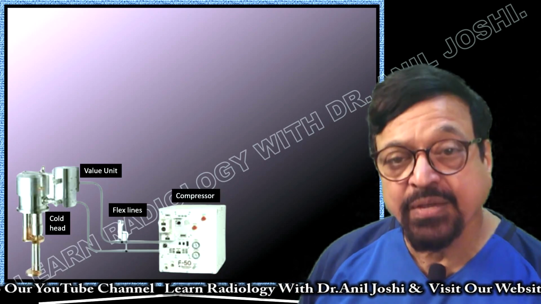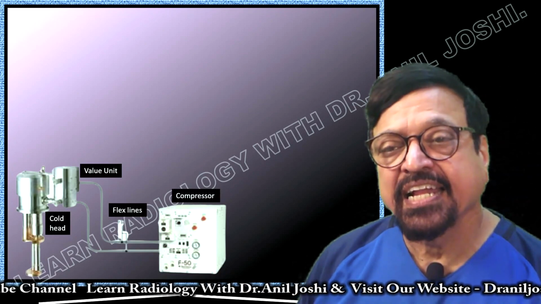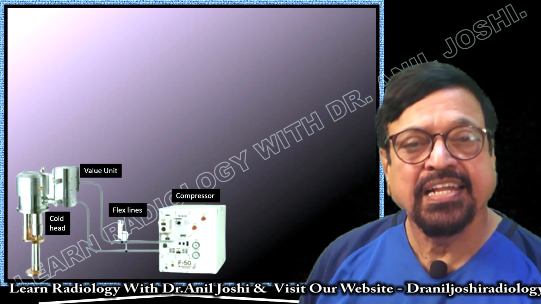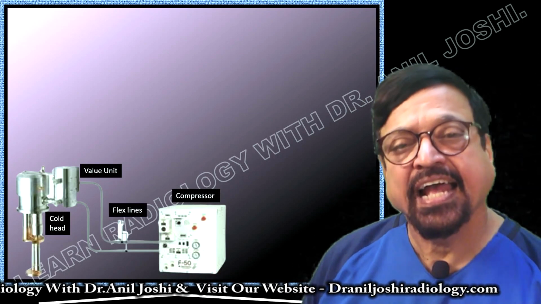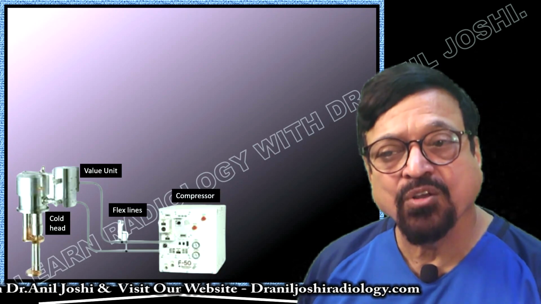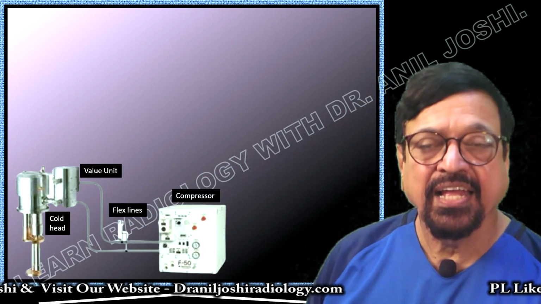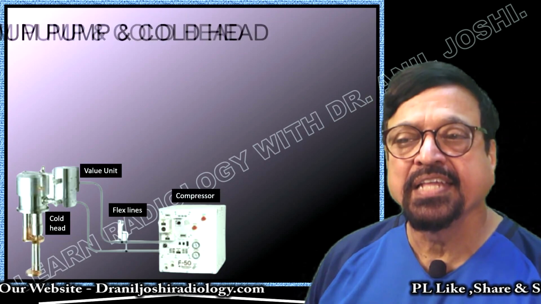It receives the gaseous helium and has to give back cold liquid helium, and it has to put it back to the compressor so that it can be compressed again, cooled, and sent back to the magnets so that it does its job of cooling the magnet.